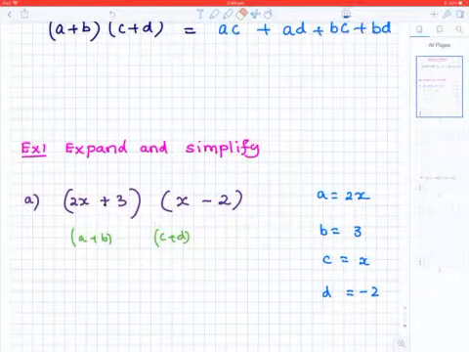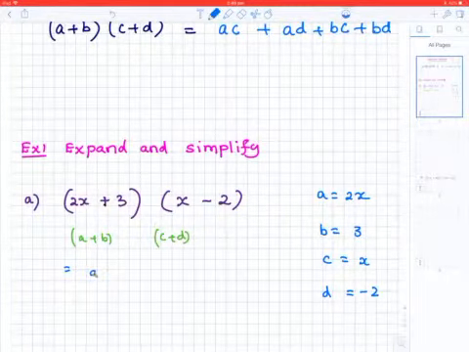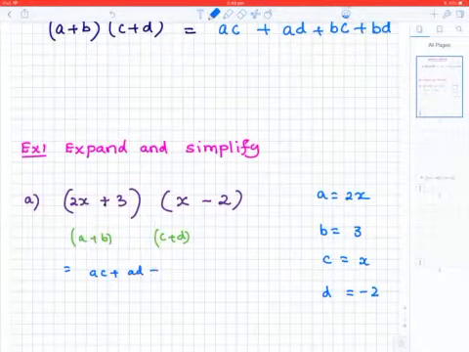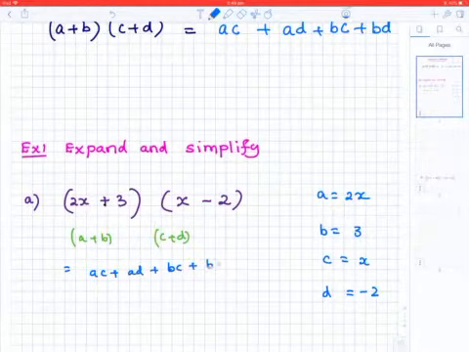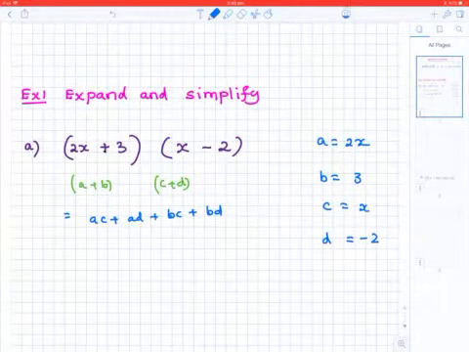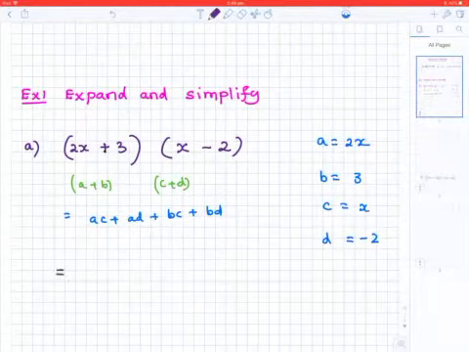Okay, we said before a plus b times c plus d equals AC plus AD plus BC plus BD. That's what we said.